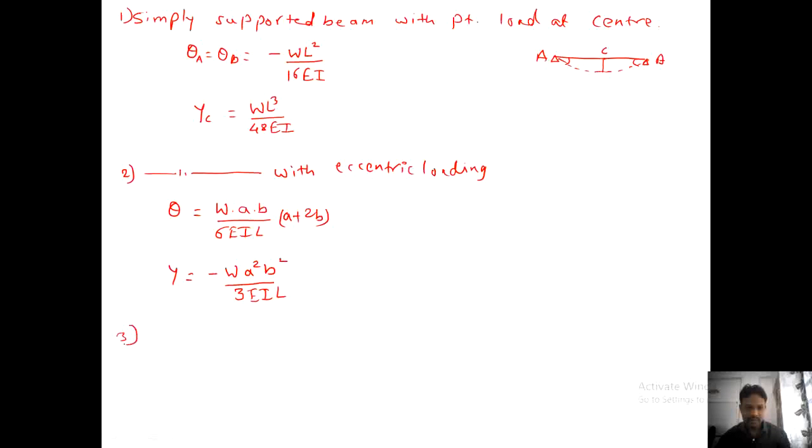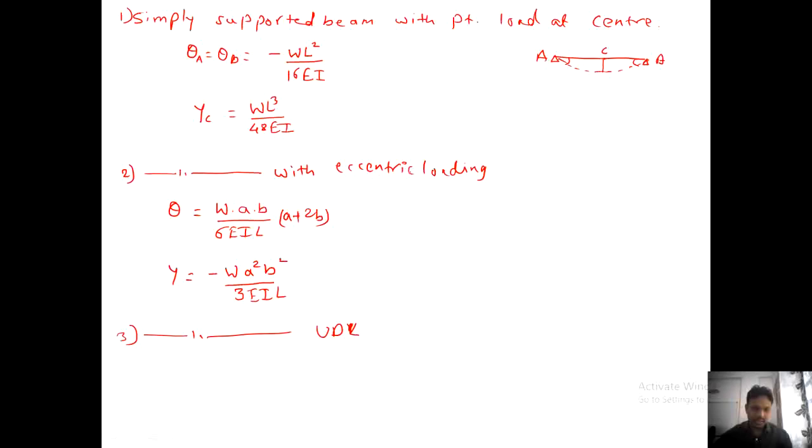And the last one is for simply supported beam with UDL, uniformly distributed load. I am extremely sorry, UDL means uniformly distributed load. The beam will be simply supported and the loading will be uniformly distributed.